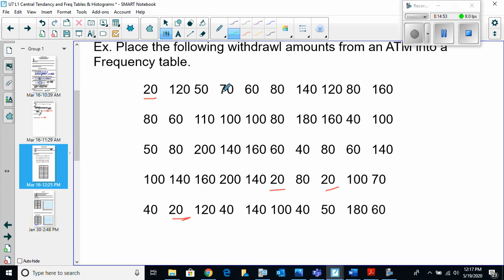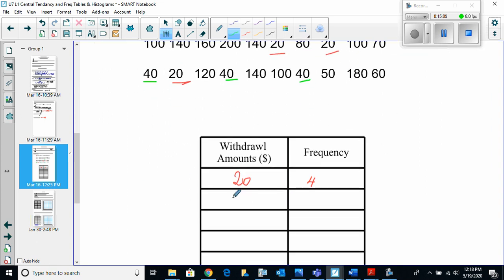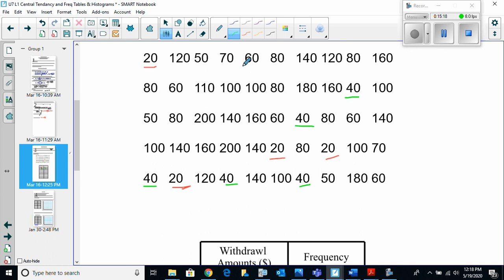If you see it once, twice, 3, 4, and 5. So 40 is 5 times.